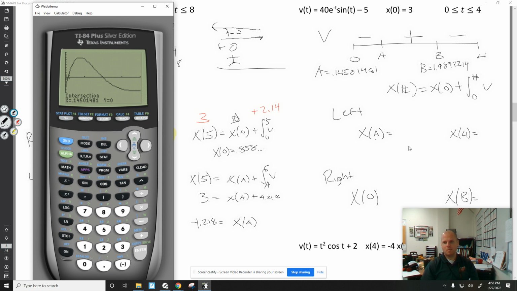Now you know what A is. And then x of 0, I know that. That's 3. You can find the areas. Second calc, the area from 0 to A. This is telling me how far. Oh, I didn't store that. Sorry. X is that. Second calc intersect.